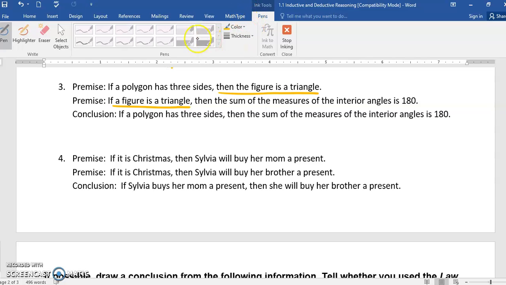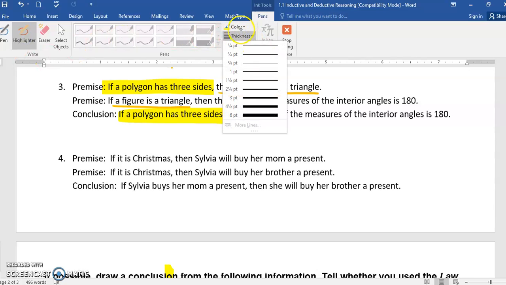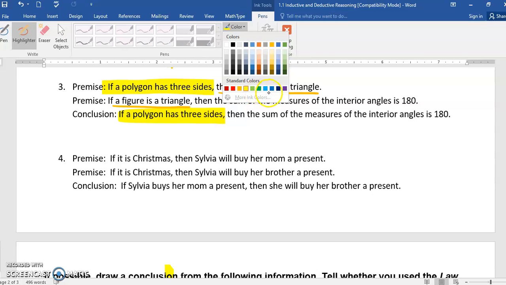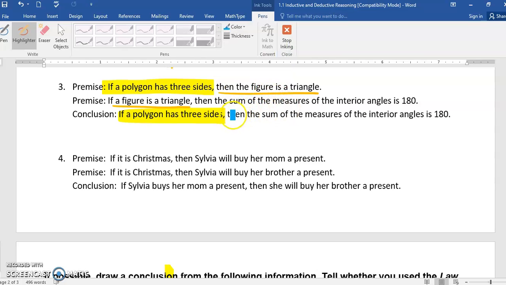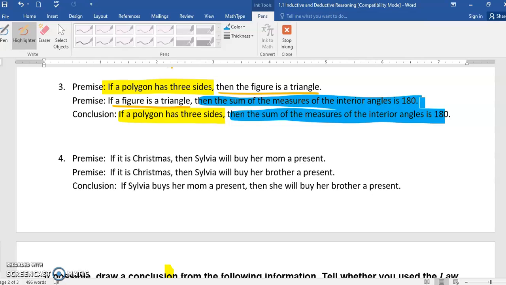So look what happens if a polygon has 3 sides, then the sum of its measures is 180, which matches with this. So you have to be looking for that. Now, premise: if it is Christmas, Sylvia will buy. Oh, sorry. Actually, it's valid. This one then is syllogism.